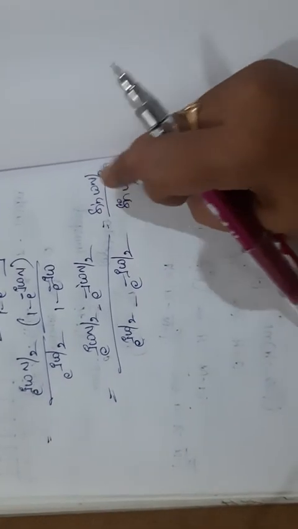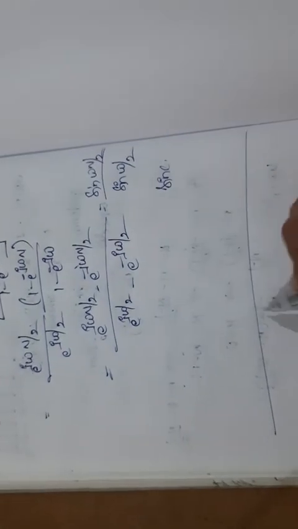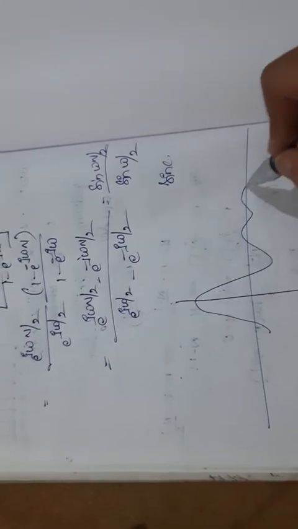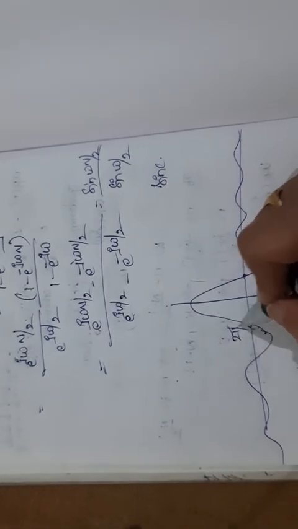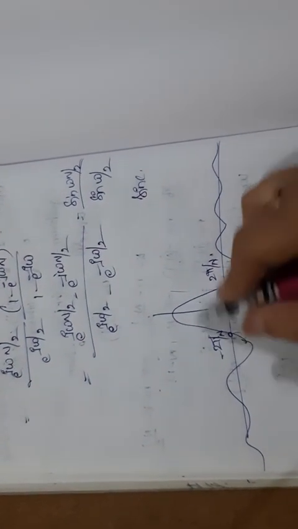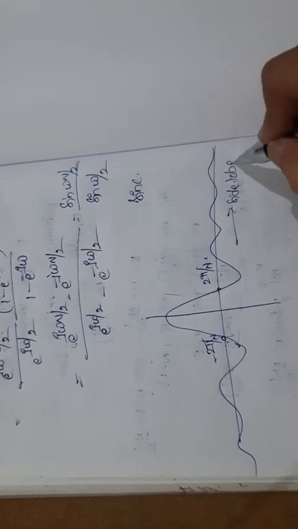So sin(ωN/2) / sin(ω/2) is nothing but a sinc function, and the sinc function will have characteristics like this. This is the main lobe, with widths of 2π/N on each side. So for the rectangular window, the main lobe width is 4π/N, and these are nothing but side lobes.